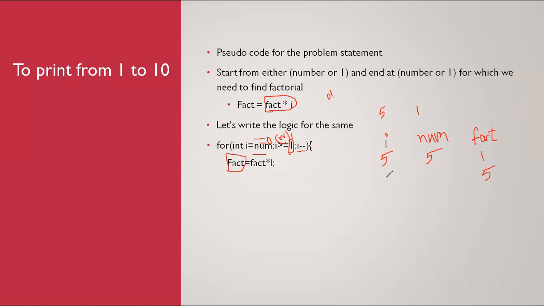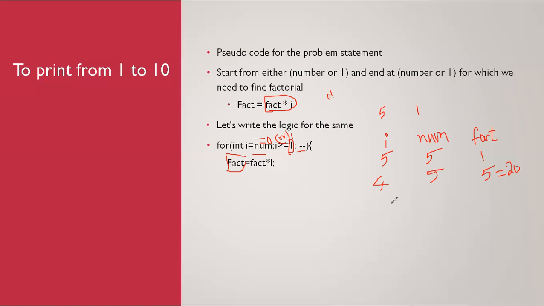And I value gets reduced, that is 4. Number value still remains 5. And then I is greater than or equal to 1, which is true, 4 is greater than or equal to 1. The condition is true. It will go inside. 4 multiplies 5, which equals 20. That will get stored in the fact variable.